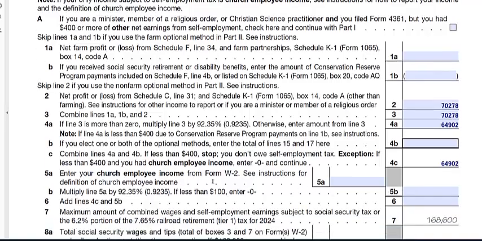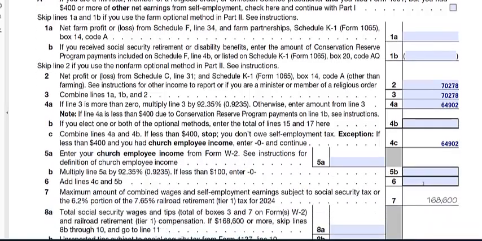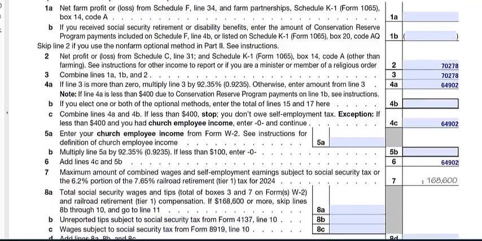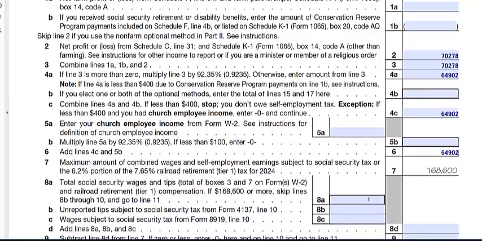We don't have any church employee income, so we'll move the figure down to line 6. And then we will go over to 8A. We need to report total Social Security wages and tips. That's the boxes 3 and 7 on the W-2. If it's 168.6 or more, we've got to skip lines A, B through 10 and go to line 11.